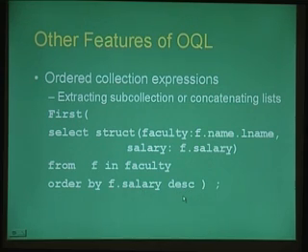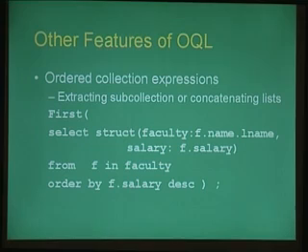DESC can stand for descending, and then from out of this you are taking the first element. So essentially out of a sorted list you can look at any specific elements like first and second elements, and in effect you are seeing which is the faculty member who has the highest salary and so on.